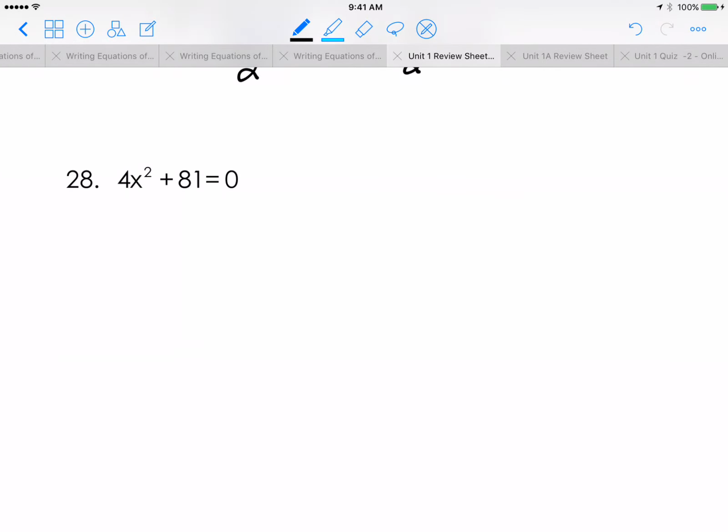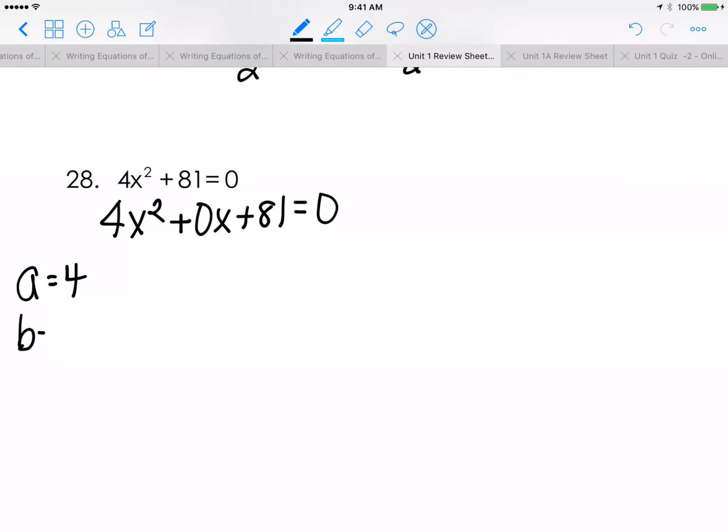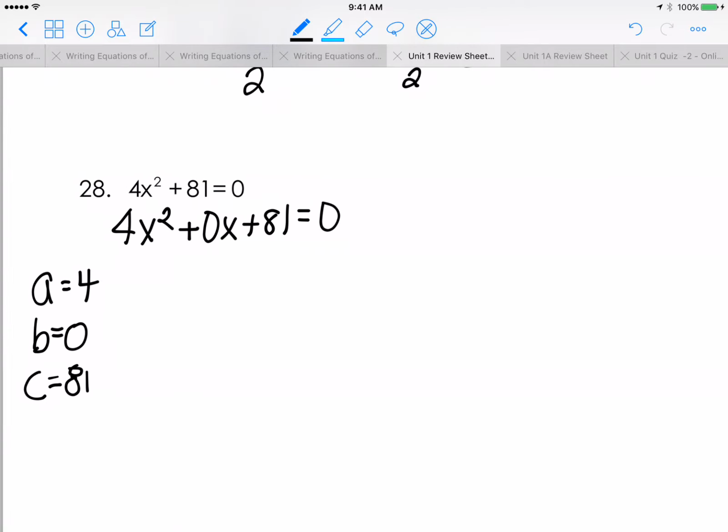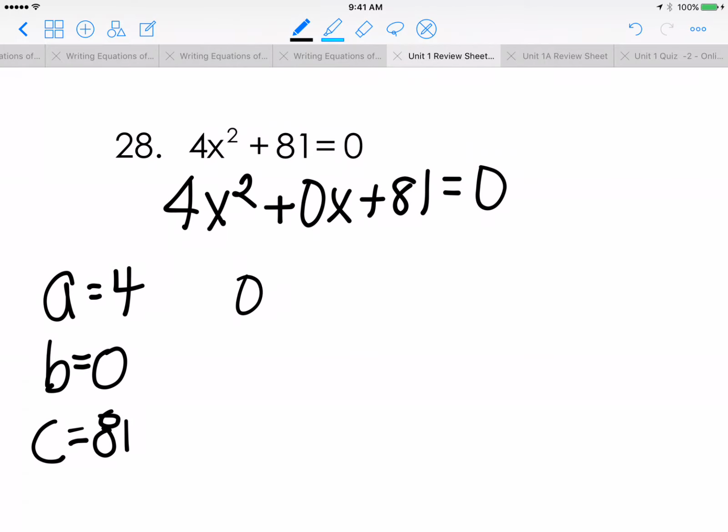Okay, so here we go. We only have 2 terms here. So we have a, which is 4, but we don't have a b term. So a is equal to 4, b is equal to 0, and c is equal to 81. So when we define the discriminant, it's b squared, so 0 squared minus 4 times a times c.